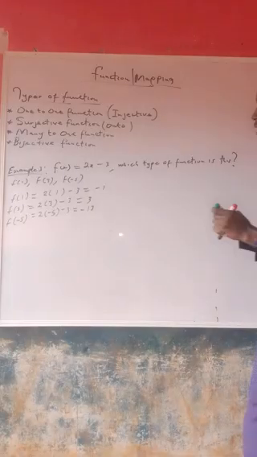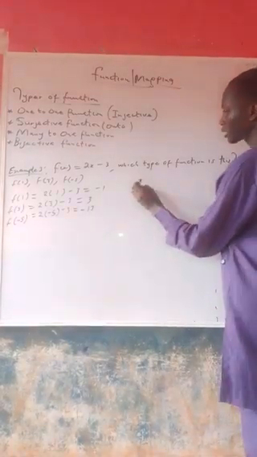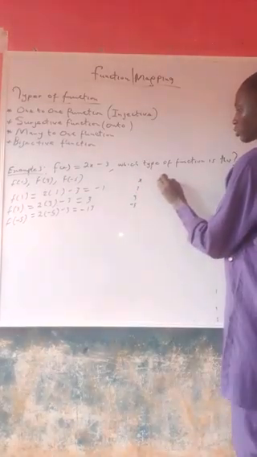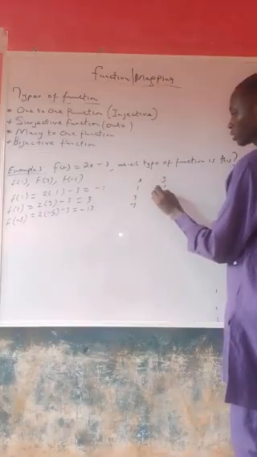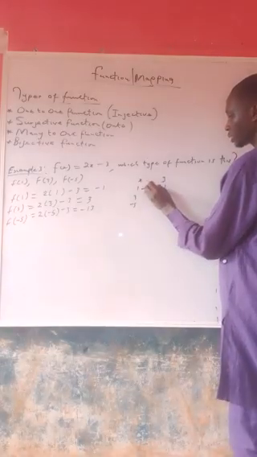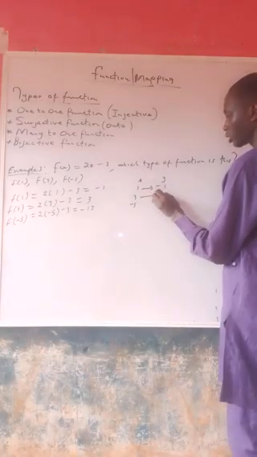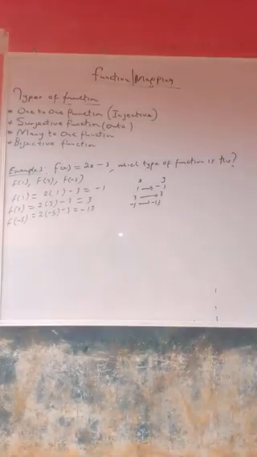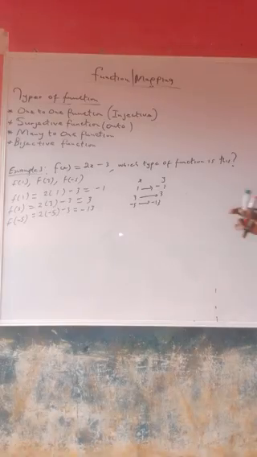And if you look at this now, the image will look like this: x is 1, 3, negative 5, and we are going to have y as negative 1, 3, negative 13. You notice this is mapped to this, this is mapped to this, this is mapped to this. So this kind of function is said to be injective.